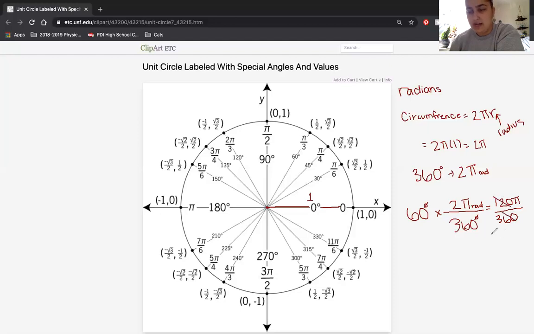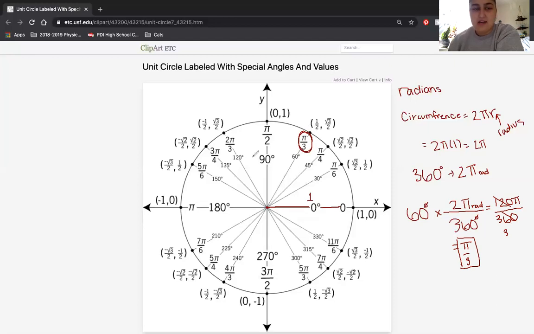It goes in 3 times, so I'm left with a 3 on the bottom. My answer is pi over 3. And we can check that because right here is pi over 3 for 60 degrees.